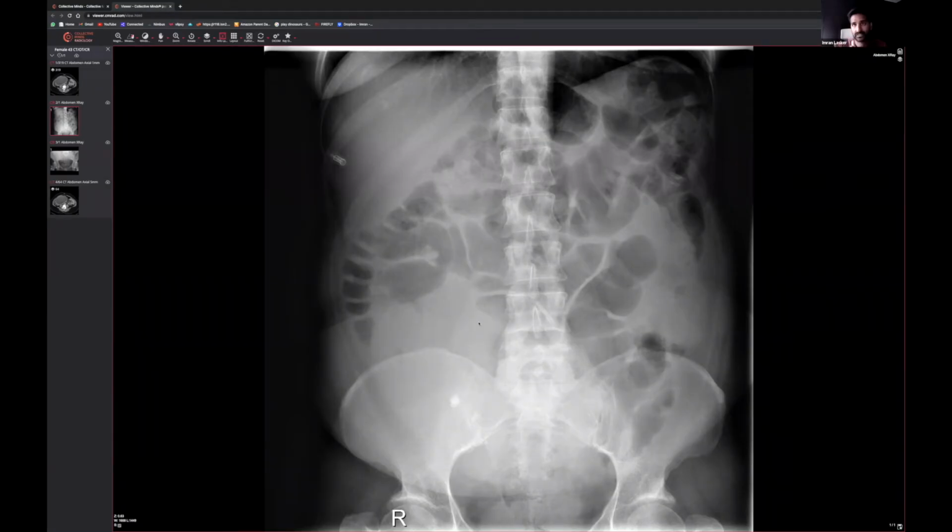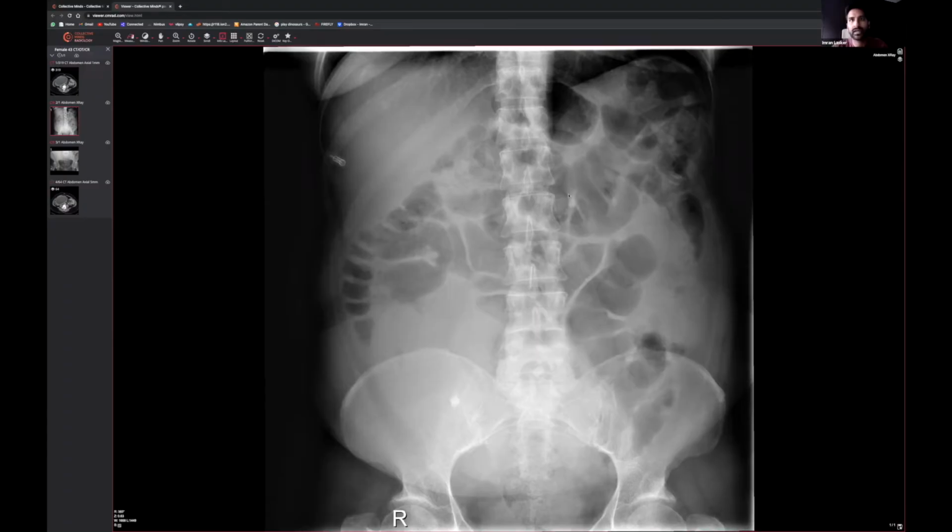But in this particular situation, you can see multiple loops of small bowel and large bowel. The large bowel is sitting all around on the outside, and in the central area you have the small bowel, and none of it looks particularly dilated. But a few people have already spotted, well done, that there seems to be what looks like a mass effect. Everything's kind of pushed away, right?